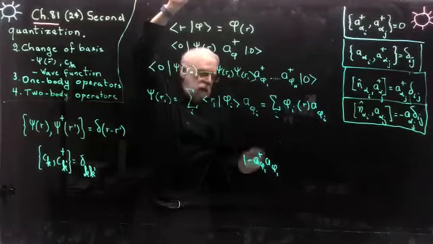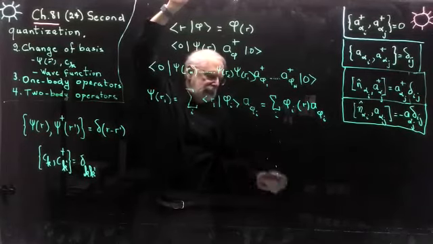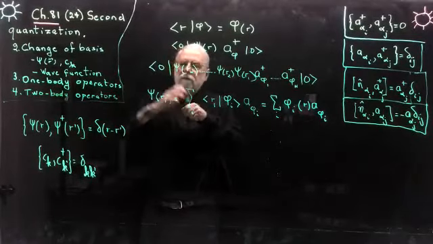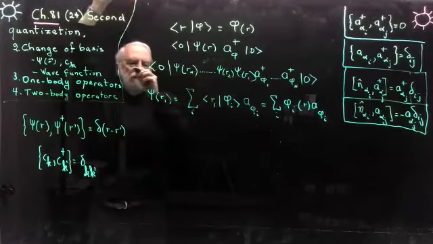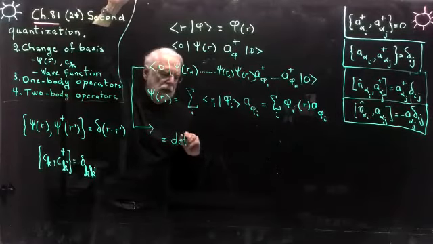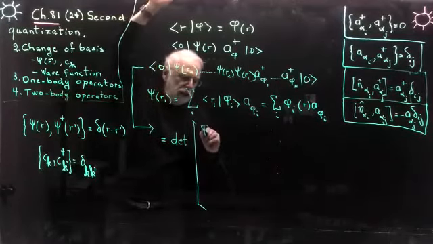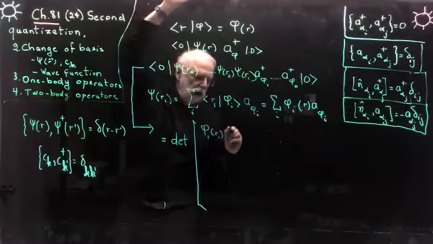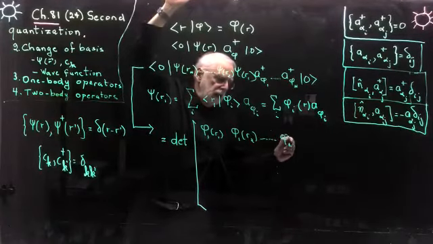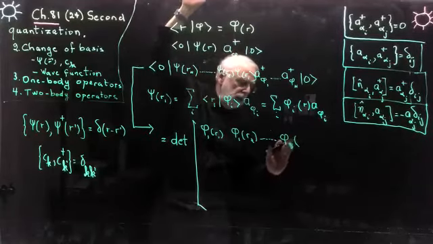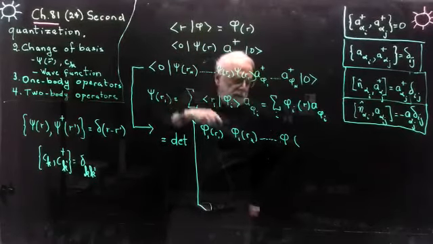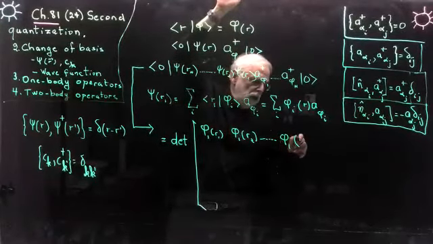So what we have shown now is that this expression is equal to the determinant of phi 1 of R1, phi 1 of R2, up to phi 1 of Rn.